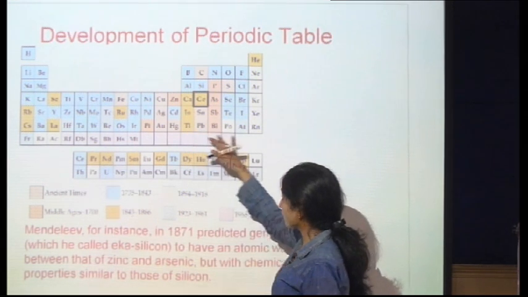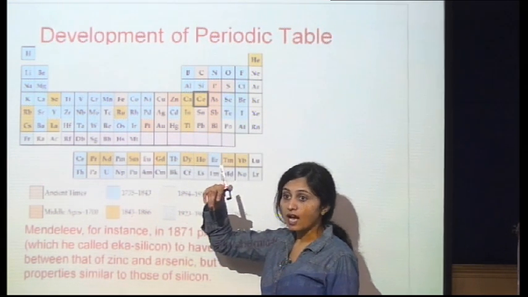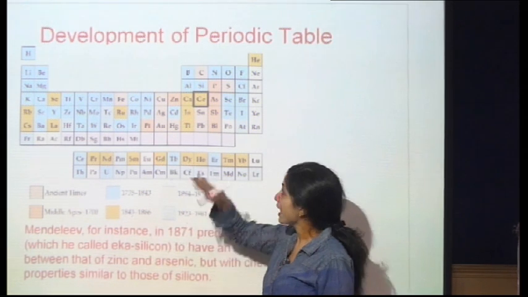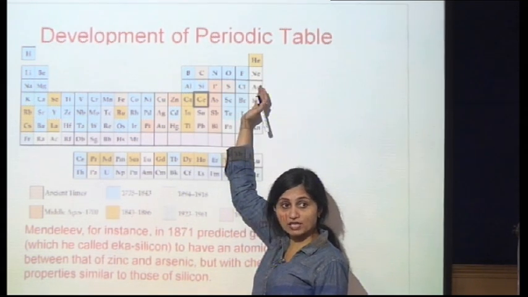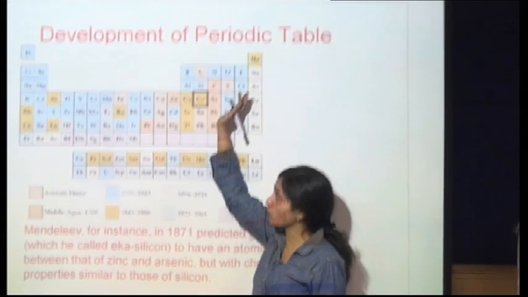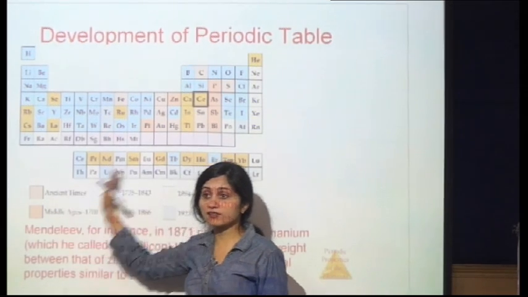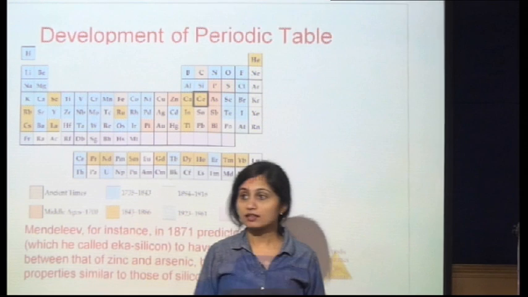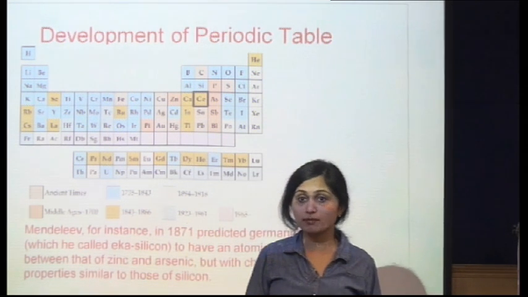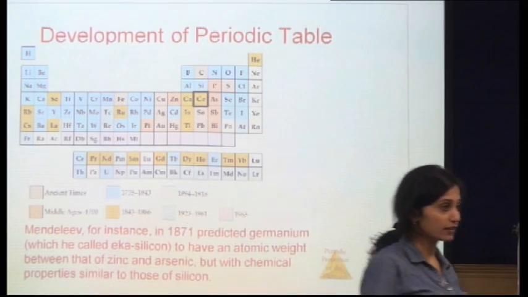The ones which have a tendency to take up electrons are electronegative in nature and they will be known as non-metals. So non-metals increase towards the right side of the periodic table, and whatever lies in between is in the range of the metalloids. Clear to everyone? Metals, non-metals. So let's look at it further. Next slide.